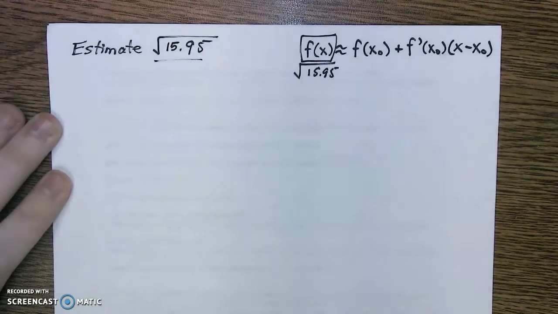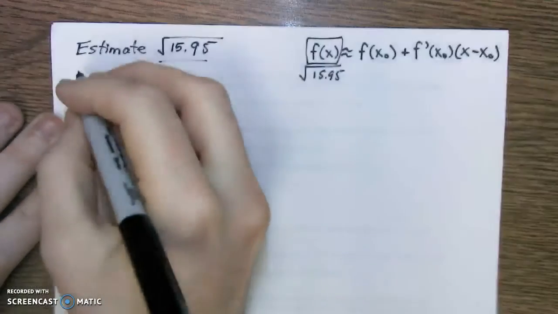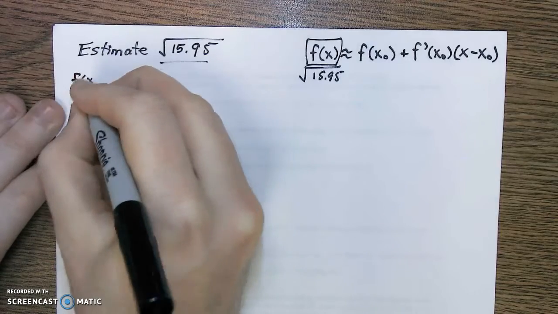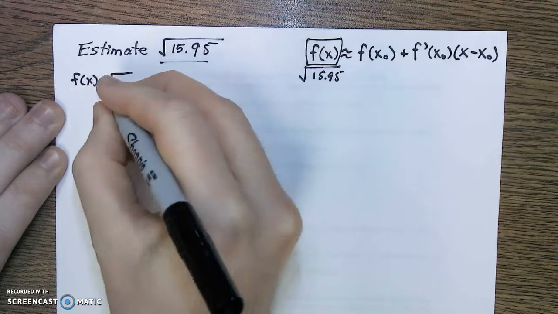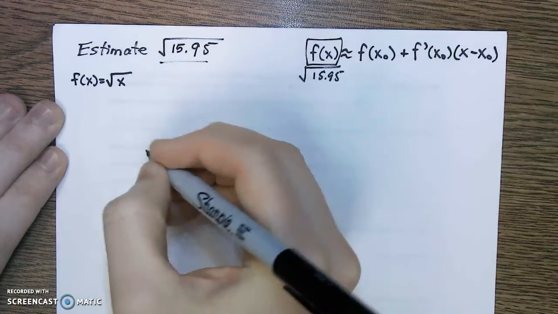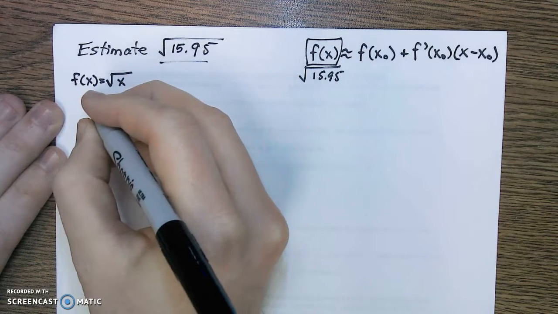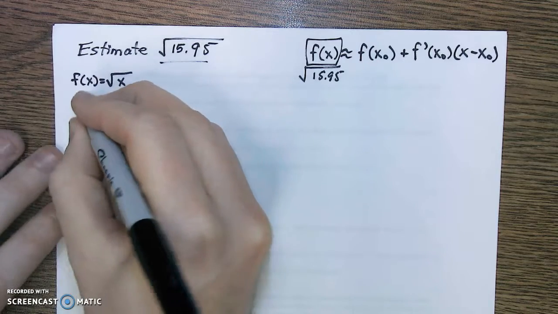So what does that tell me? That tells me that my f of x is the square root function, square root of x, and where we've got an x value of 15.96.